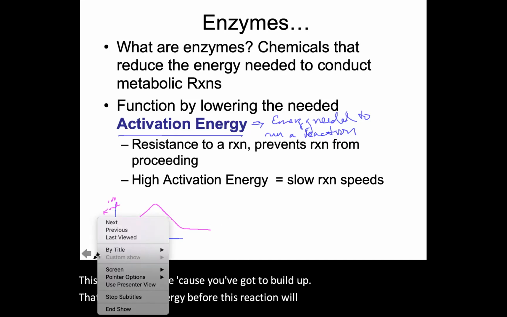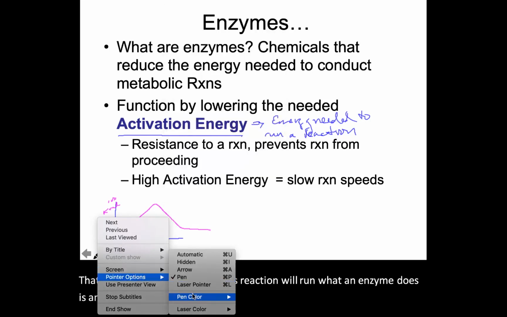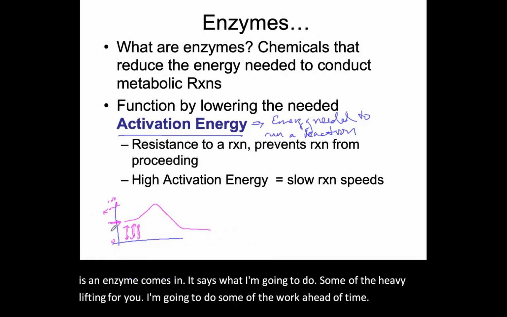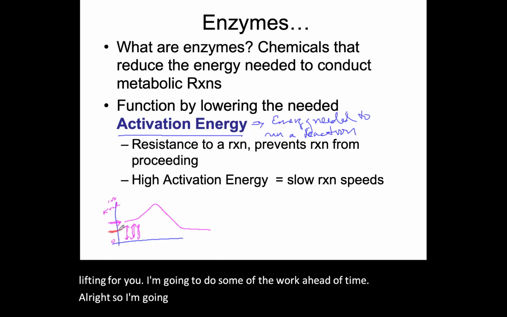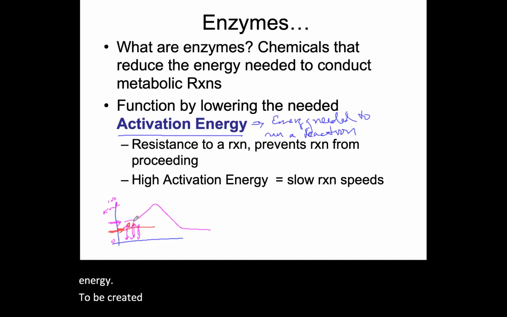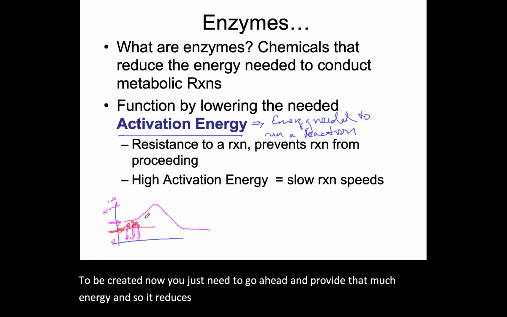What an enzyme does is an enzyme comes in and says, you know what, I'm going to do some of the heavy lifting for you. I'm going to do some of the work ahead of time. I'm going to arrange for this much energy to be created. Now you just need to go ahead and provide that much energy. And so it reduces the barrier, it reduces the resistance to running a reaction.